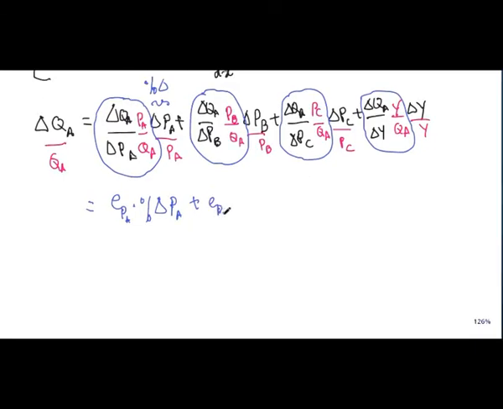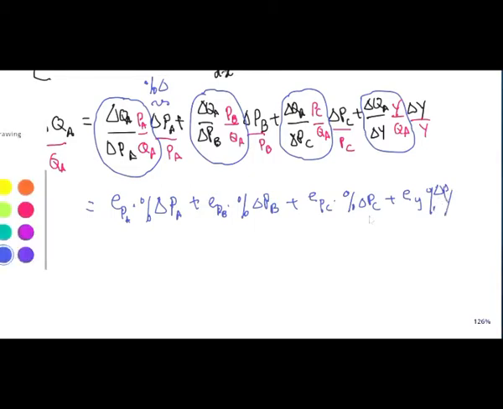Elasticity with respect to PB into percentage change in PB plus elasticity with respect to PC into percentage change in PC plus elasticity with respect to income into percentage change in income.